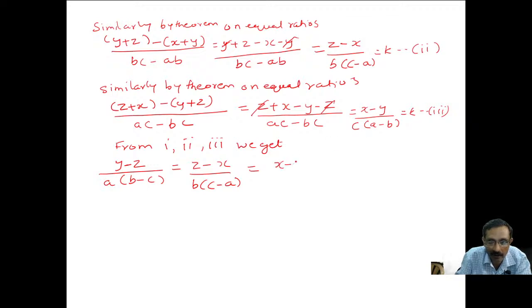X minus y upon CA minus B. So we saw, we got this by the theorem on equal ratios.